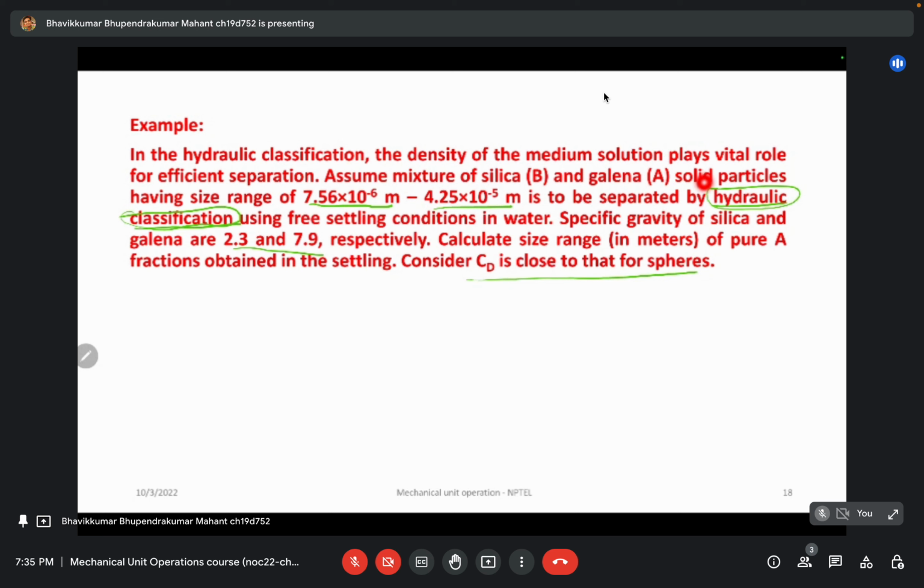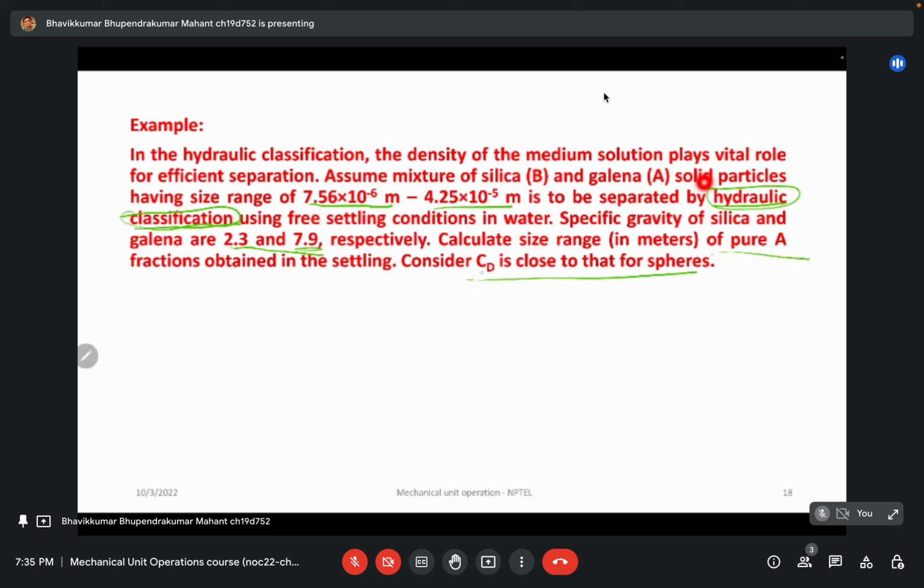You will be given the size range from the smallest to the largest particle size, and the specific gravity of both solid particles, which you need to separate into different fractions. In some examples they will ask you to find the heavier particle fractions, in some the lighter particle, and sometimes both. This is the common process you need to follow.